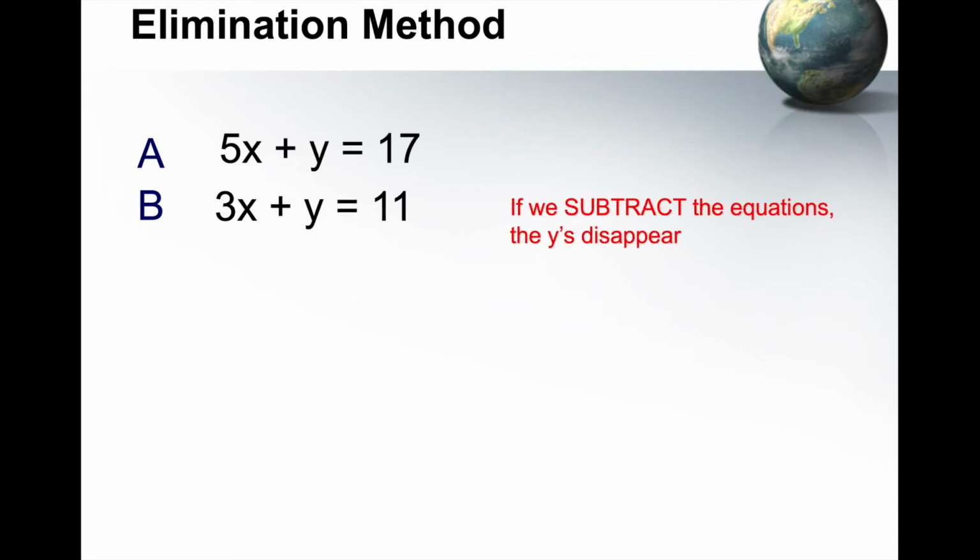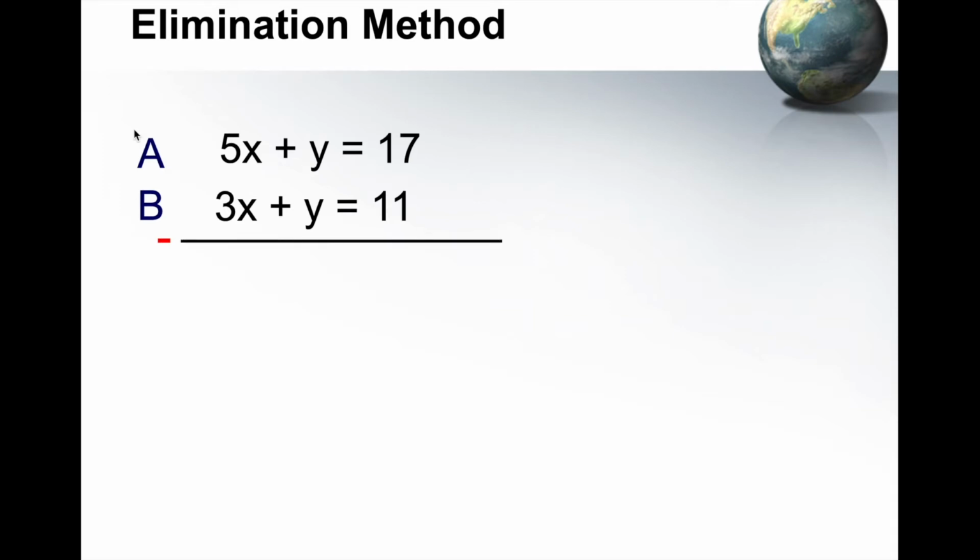And both having the same sign, they're all pluses, so we can subtract the equations to eliminate y. So these two y's are gone, and you end up with 2x is equal to 6. Divide both sides by 2, so you have x equal to 3.